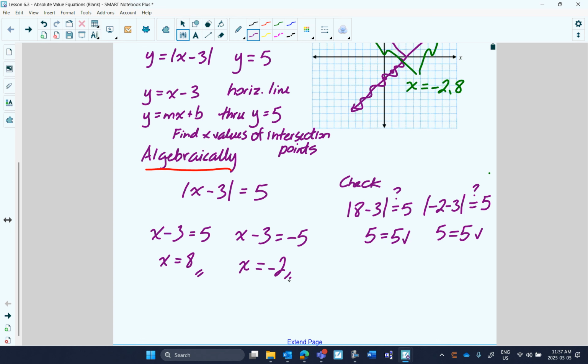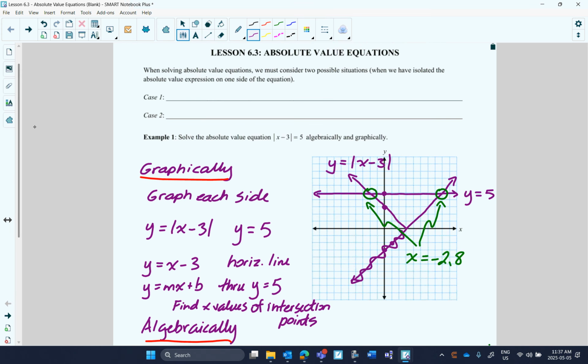Can you see a bit of a shortcut? Whenever I have an absolute value equation, I make two equations. I take out the absolute value bars, and then I solve the equation that looks exactly like this, right? But then I take out the absolute value bars and I solve the negative of this. So that's what we can do when we solve, when I say case 1 and case 2.